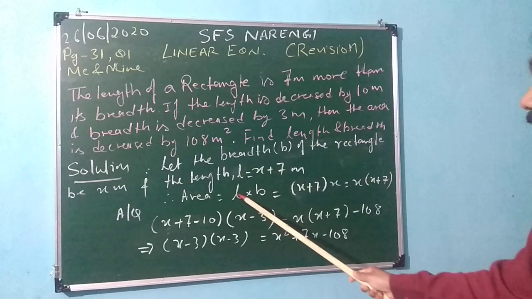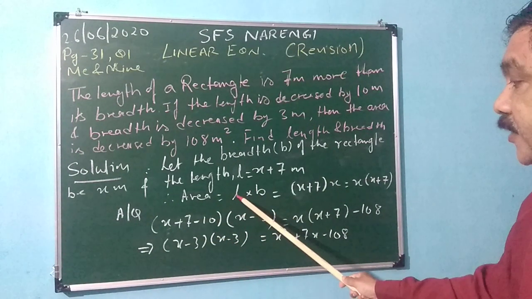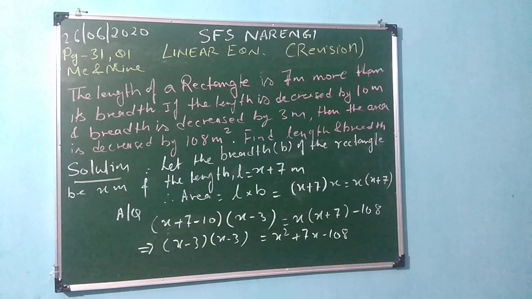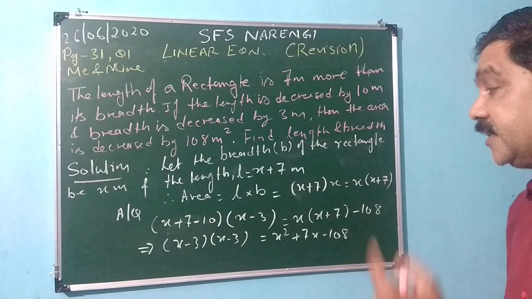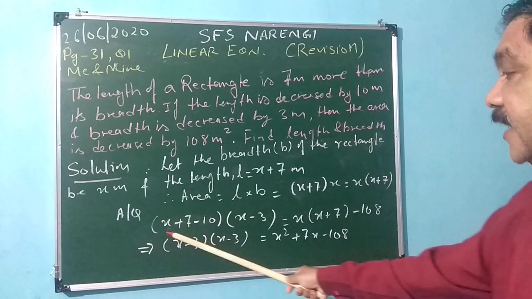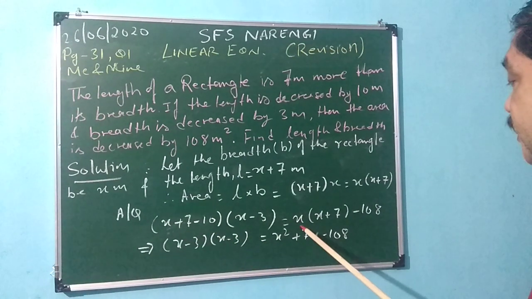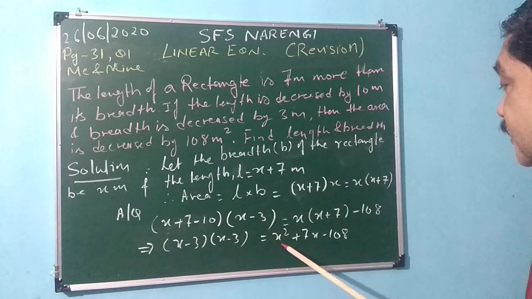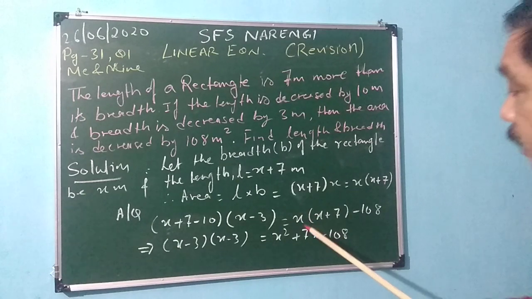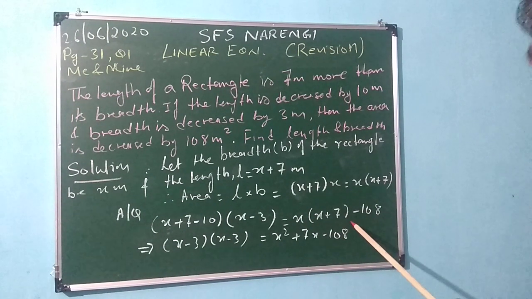So therefore, the new length is this and the new breadth is this, and this is the new area, after it is decreased by 10 and 3. So simplify this equation. X plus 7 minus 10, you will get x minus 3. If you multiply this, x into x is x square, x into 7 is 7x, and minus 108. Don't multiply this x with this 108 because this minus 108 is completely out of the bracket.